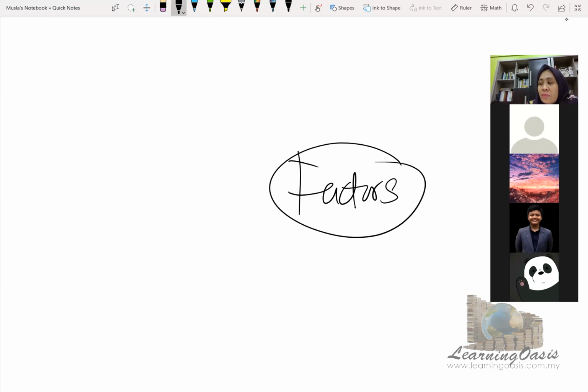Electron travels from anode to cathode. Those three things. What is electrolysis? To separate ionic compounds into its own elements by using electricity. So now, what are factors affecting electrolysis?